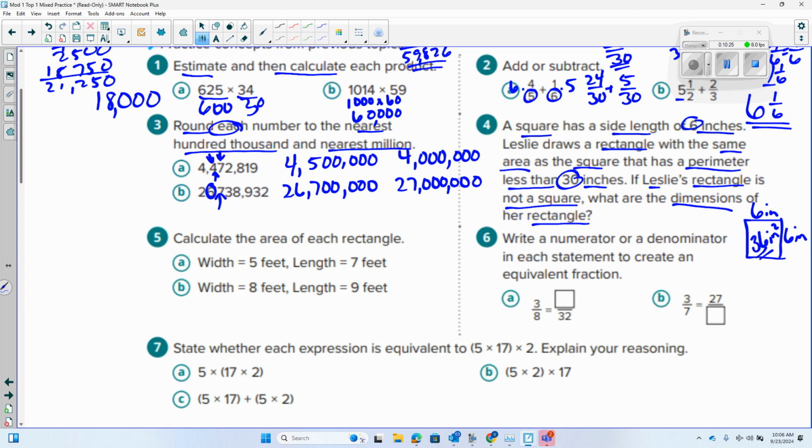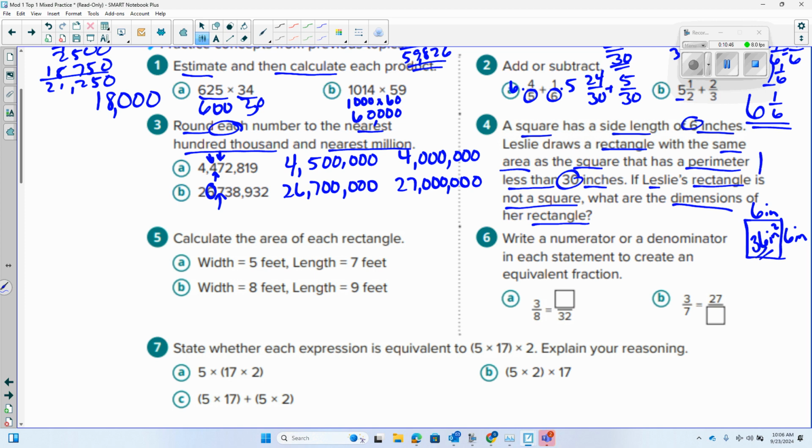They're asking both things. That's perimeter, but it also gave the area. So if one of these rectangles is not a square, what are the dimensions? Because the rectangle has the same area, it has to have that same area of 36. So my dimensions are different. Yes, 4 and 9. So I can do a quick sketch.